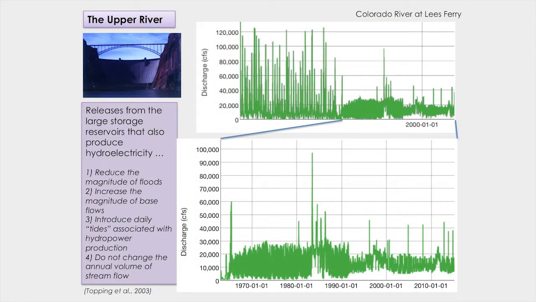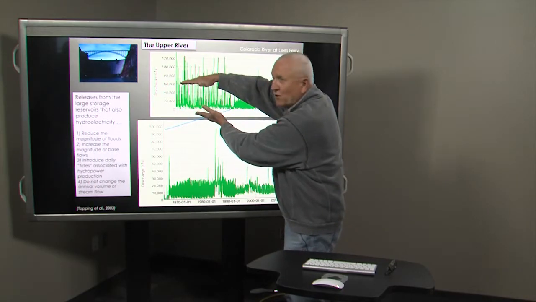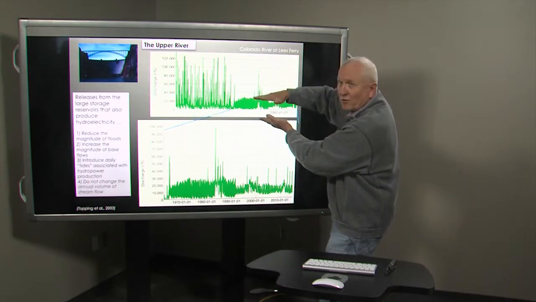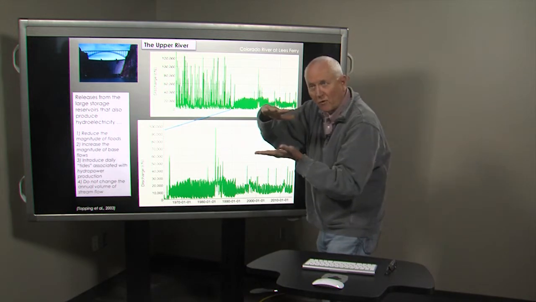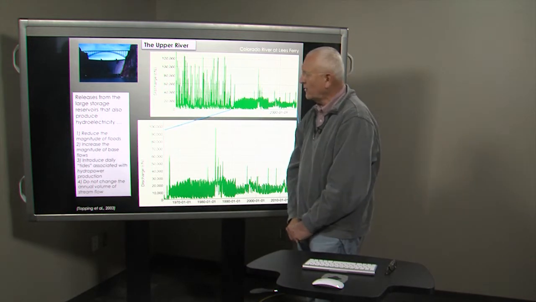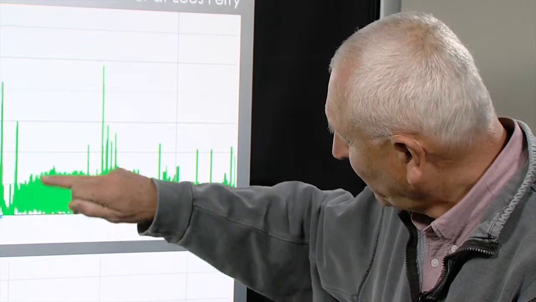The fundamental attribute of how dams affect the river flow in this section at Glen Canyon and elsewhere is that we don't change the total amount of water flowing in the system, but the floods are reduced, the base flows are increased, and the river flow is more even throughout the year, but every day the flow goes up and down and up and down to produce hydroelectricity during the day when we use it.